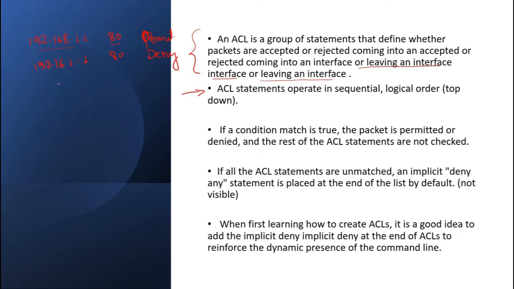Obviously there may be more rules, but for simplicity, say we have just two rules. What it does is check the rules from top to bottom. It checks the first rule: 192.168.1.1, port number 80, permit.